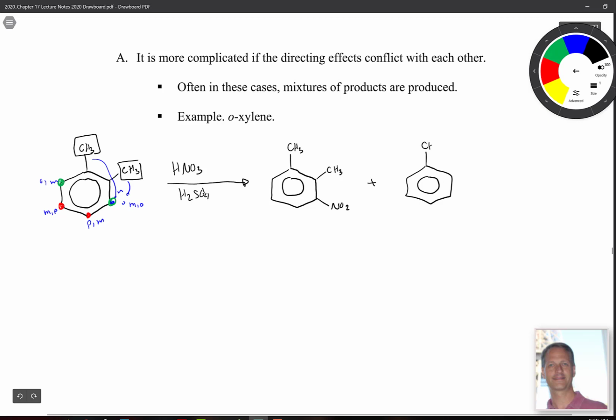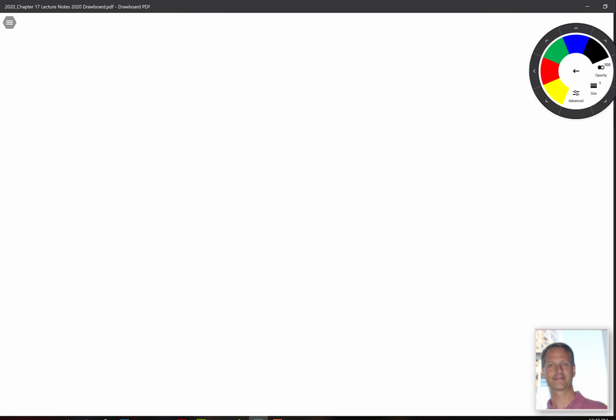So here's your CH3s with the xylene, and then we can come over here, right, and we can put it wherever we want to, so put it down here. So we get two products. So the other positions would still get nitrated, but they're just duplicate positions. All right, so let's take a look at another example here.